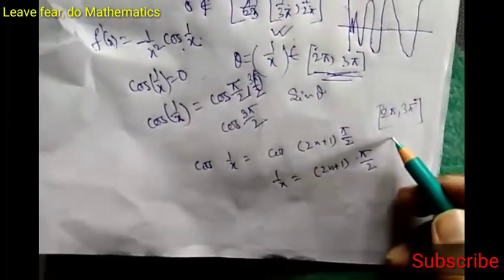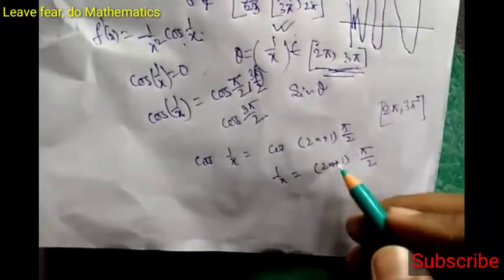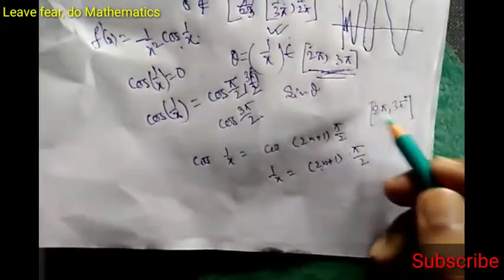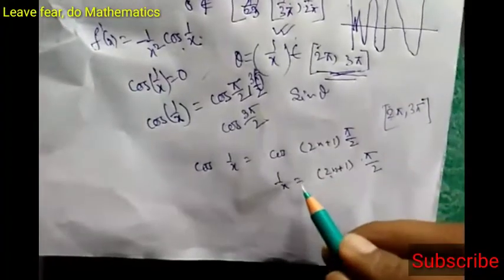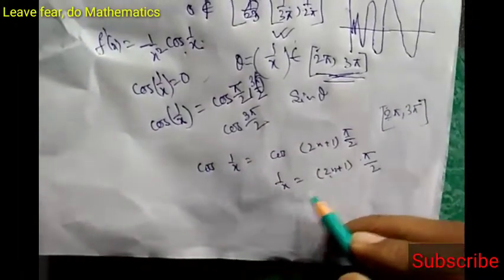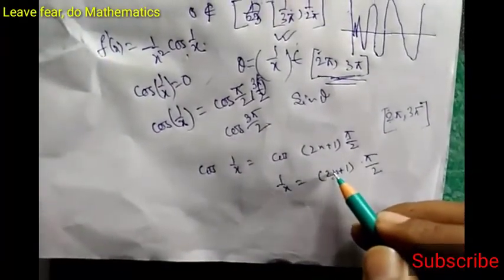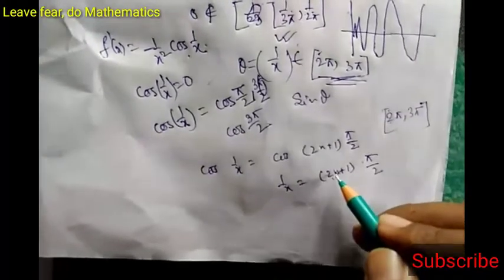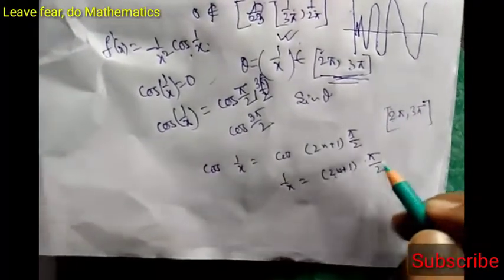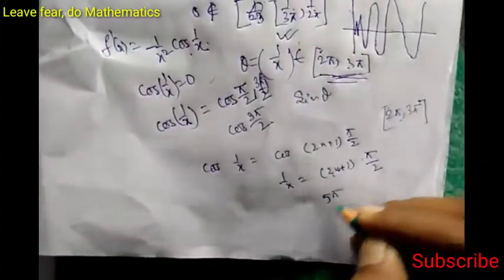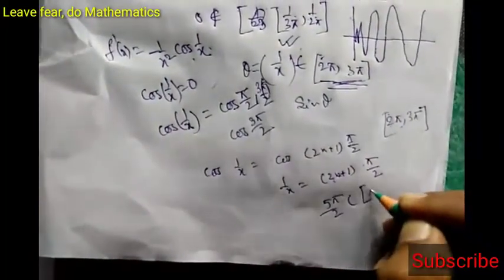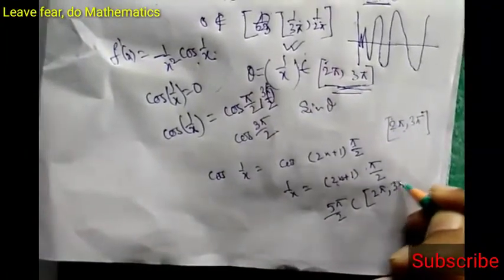If we put n equals 1, then it will be 3 pi by 2, which is less than 2 pi, so 3 pi by 2 does not belong to this interval. So in place of n we put 2, then it will be 2 into 2, 4 plus 1, so 5 pi by 2, and 5 pi by 2 belongs to the 2 pi, 3 pi interval.